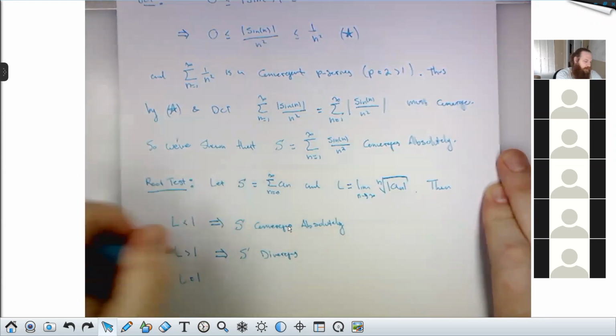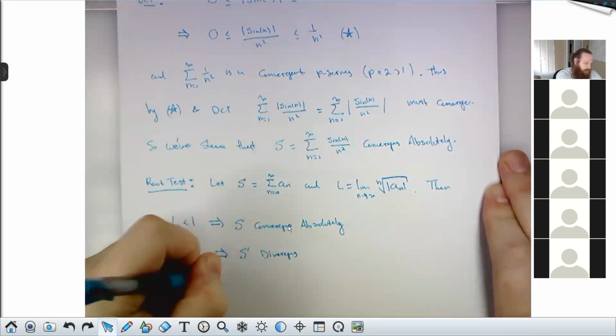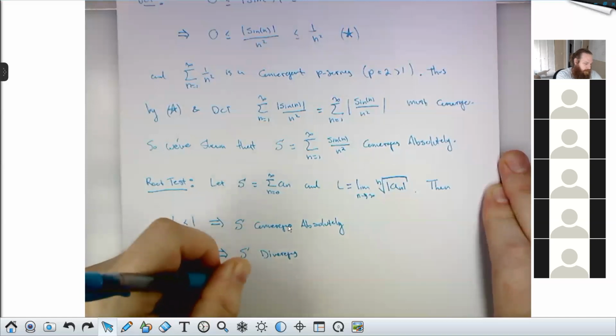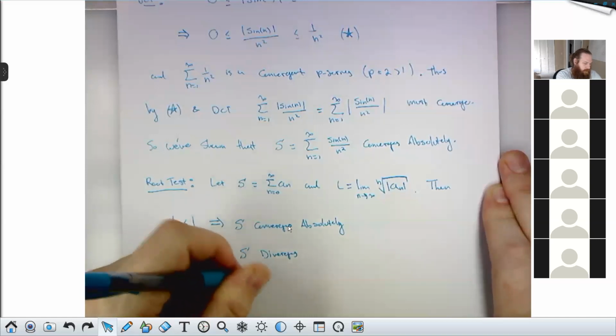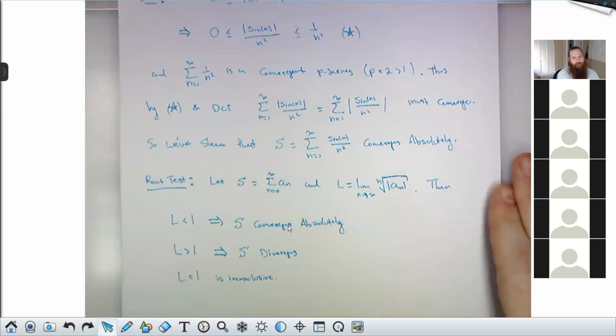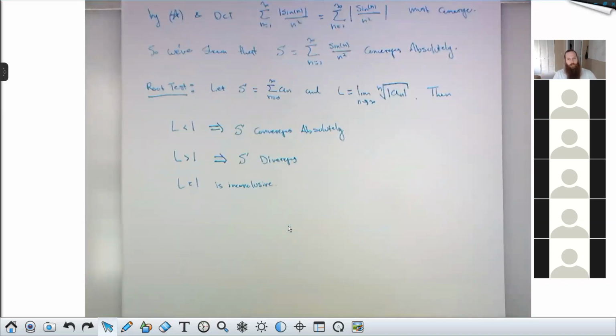And unfortunately, if L is equal to 1, this is inconclusive. So this is called the root test because you take the nth root of the a_n's. The root test is easy enough to prove, so I'd like to show you a proof.